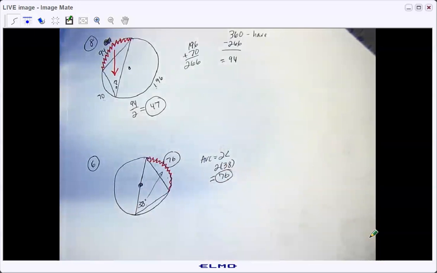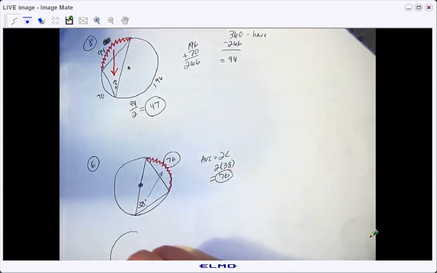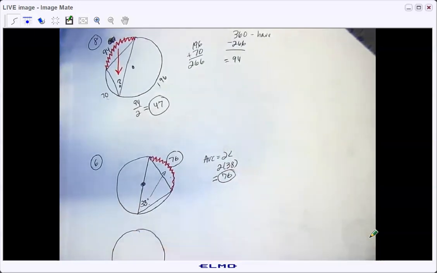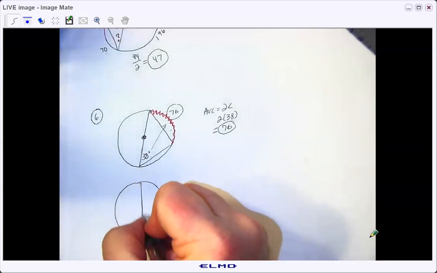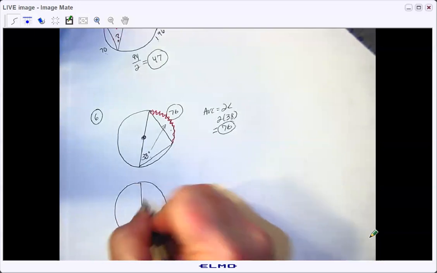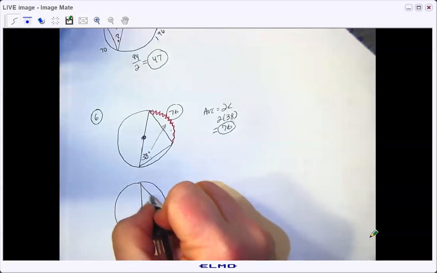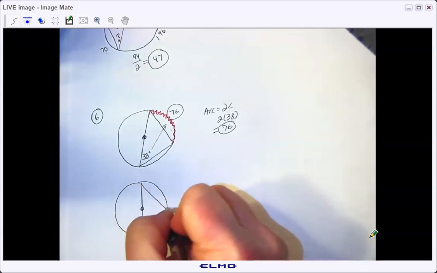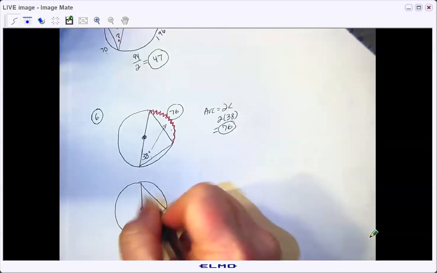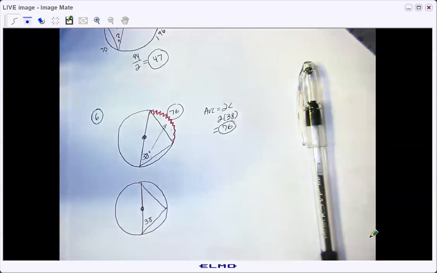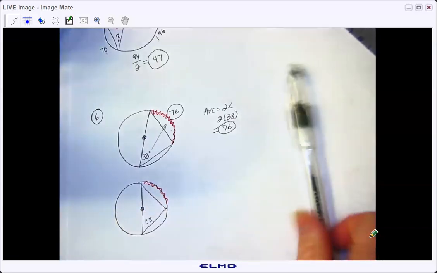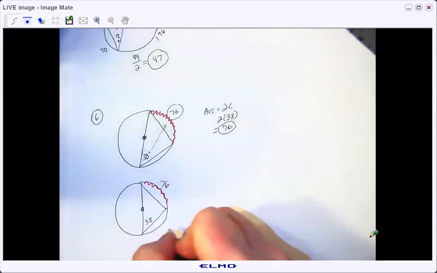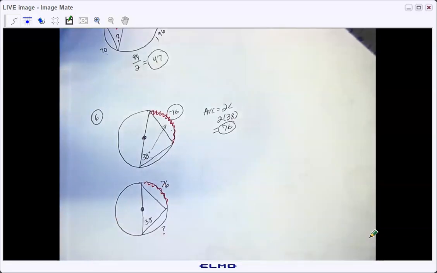I'm going to take it one step further, and you can do it on your paper, but I just didn't really want to confuse the two problems. Okay, so we know it goes through the center. Okay, this angle is 38. We know that this arc is 76. Find the other arc.